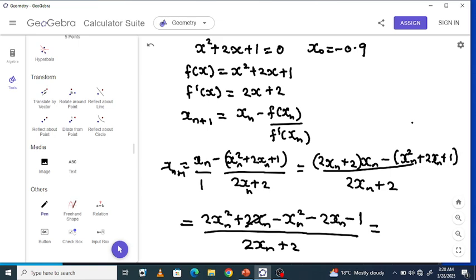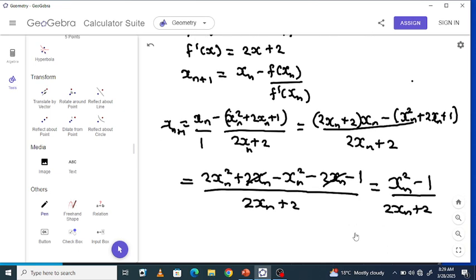You realize that 2xn cancels out, and you're going to be left with 2xn squared minus xn squared, which just gives you xn squared minus 1 over 2xn plus 2. You can see we have one simple equation there that we can easily substitute.